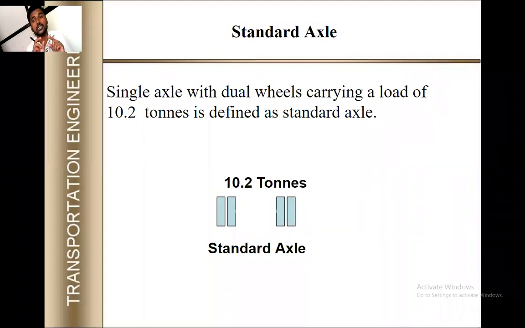When there is a single axle carrying two wheels on either side and it carries 10.2 tons of load, then that axle is called a standard axle. In the figure you can see there are two wheels on either side and the axle connecting the two wheels. If there is 10.2 tons of load, then it is called a standard axle.